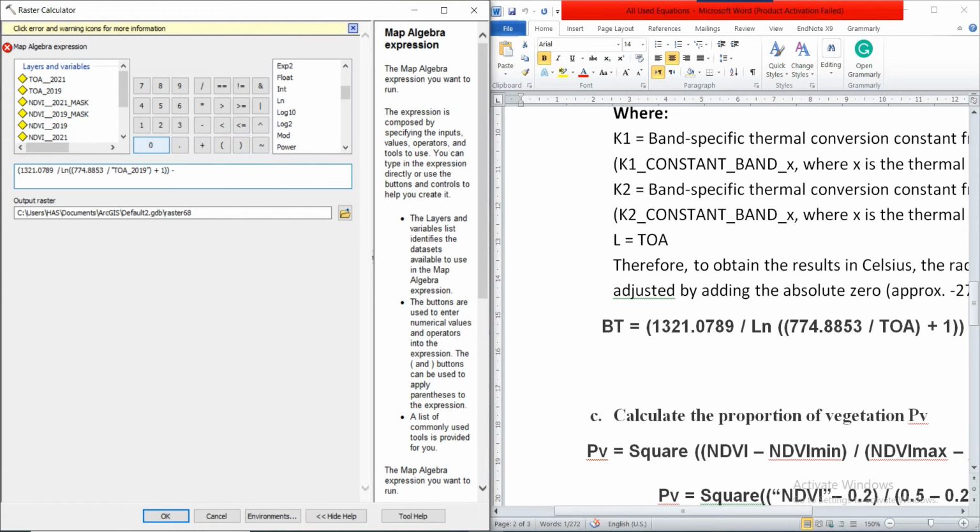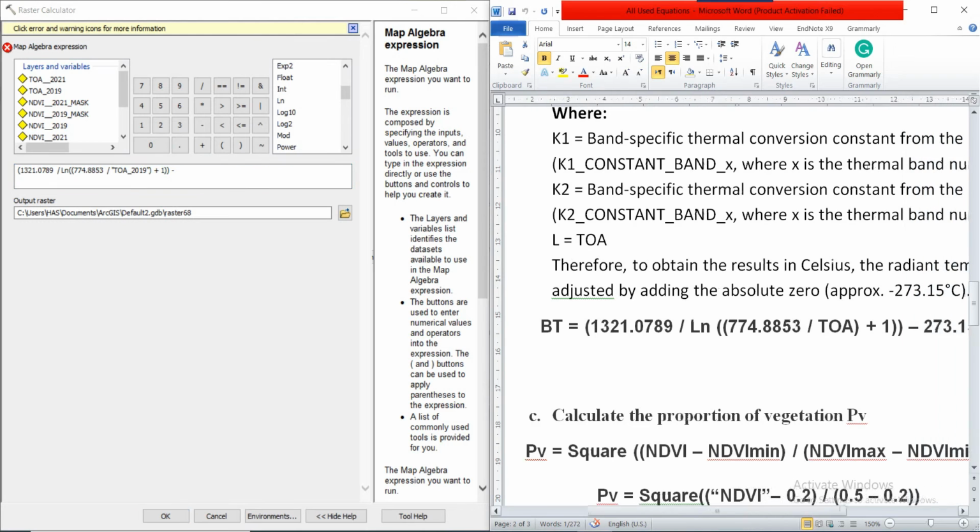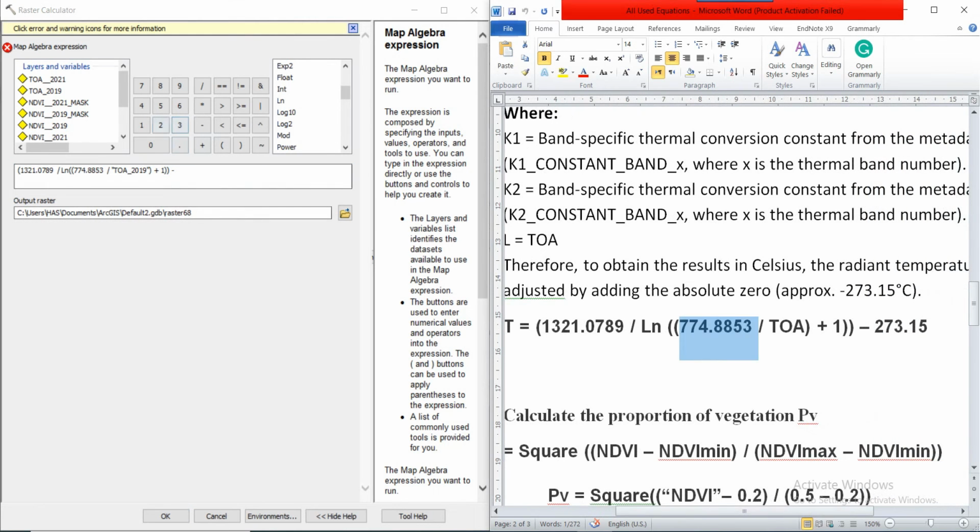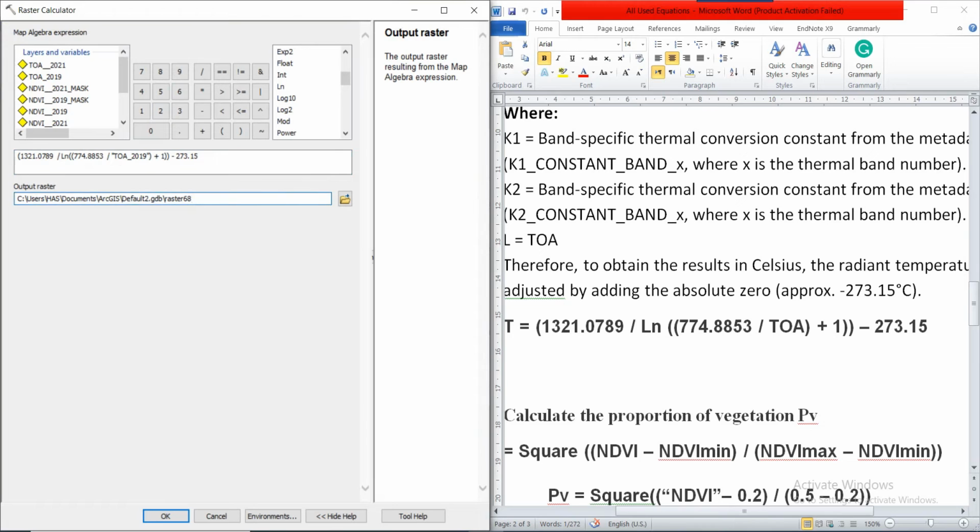So minus 273.15. So we're gonna name this BT 2019.